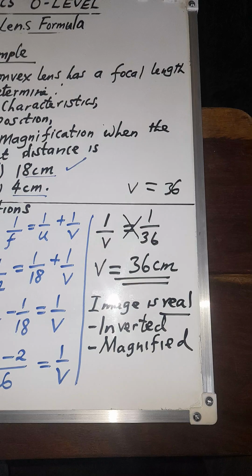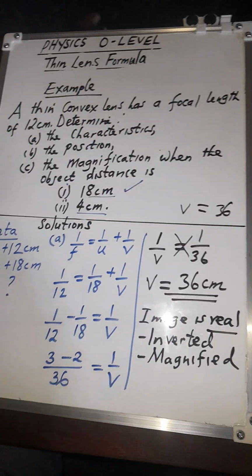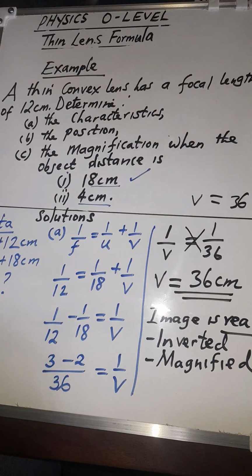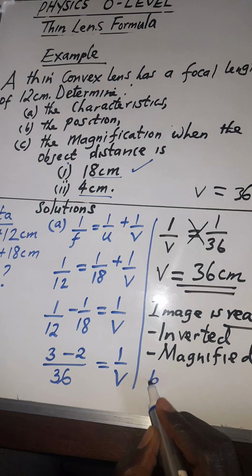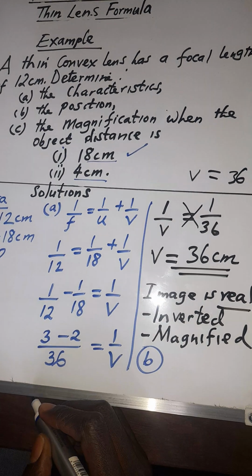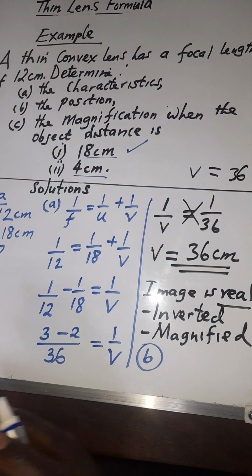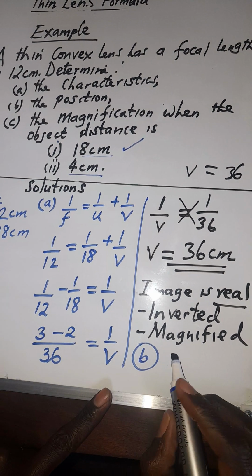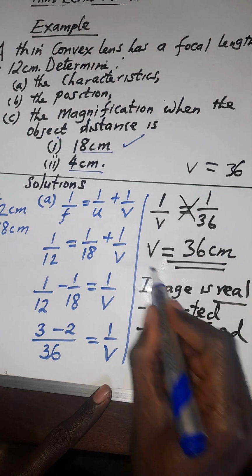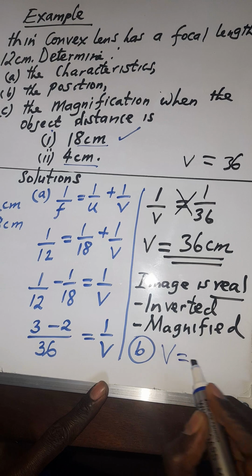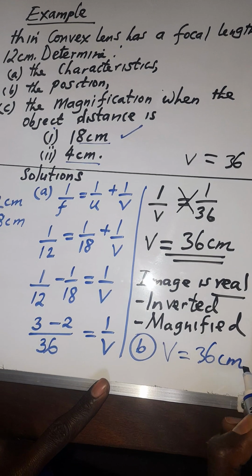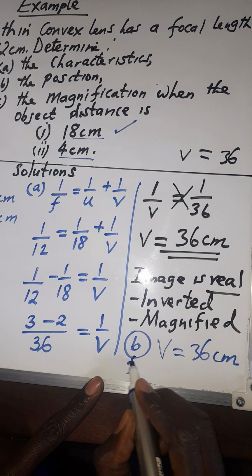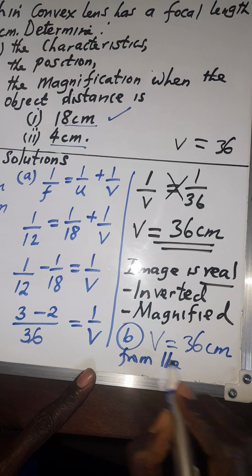B was simply asking for the position. What's the position? They are telling you where the image is located, and that is what we found there. It is located 36 centimeters from the lens.